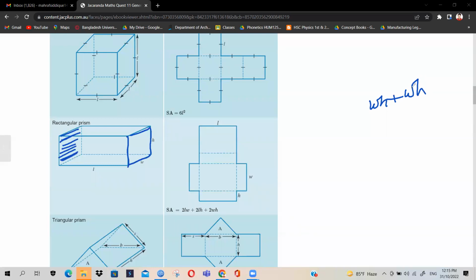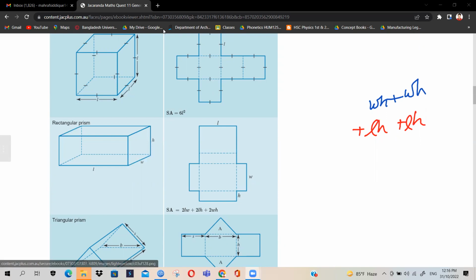Now what is the area for this in the front? Length by height, which is LH, plus LH, because exactly on the opposite side we have the same thing, another LH. And what will be the area for the rectangle at the top? Length by width.